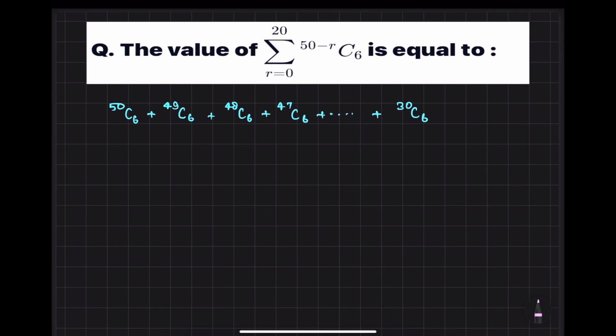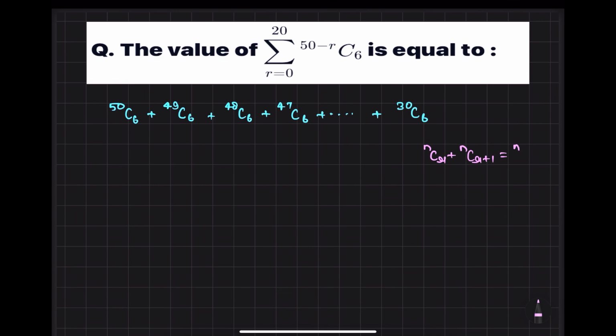If you observe, the lower subscript is the same and the upper subscript is decreasing. They have taught you the idea where it was NCR plus NCR+1: the upper subscript was the same and the lower subscript was increased by 1.